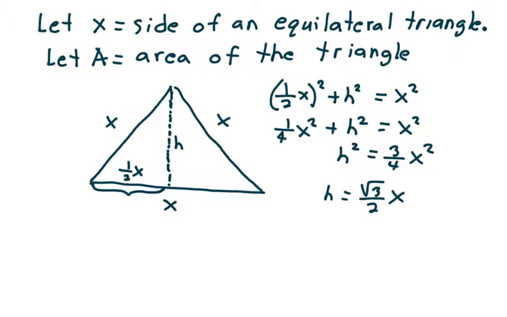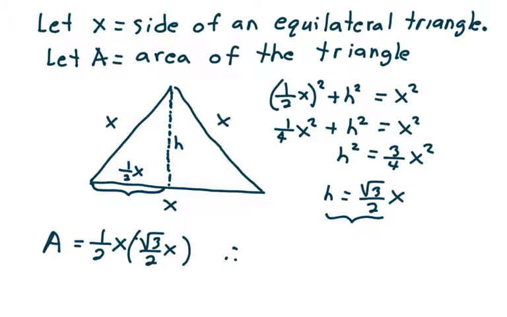Now, what does that mean? That says the area is 1/2 the base, which is x, multiplied by the height, square root of 3 over 2 x. And so therefore, A is square root of 3 over 4 x squared.